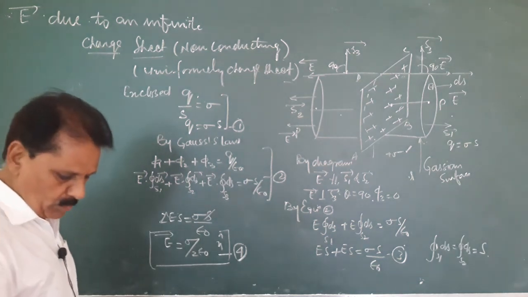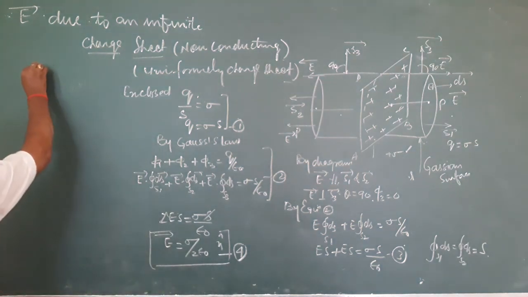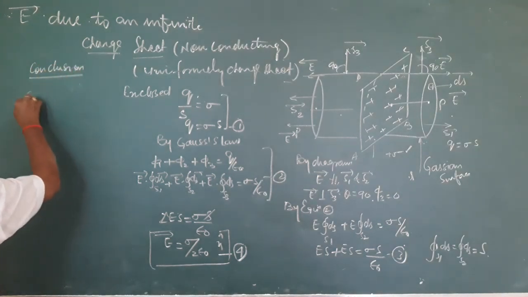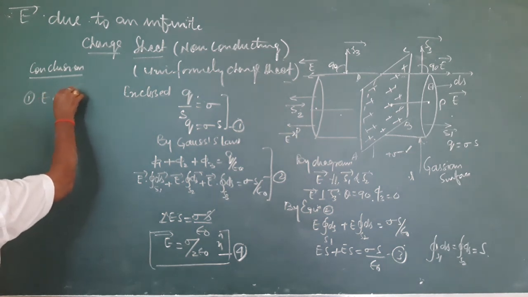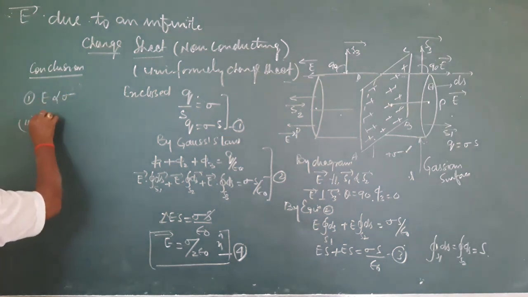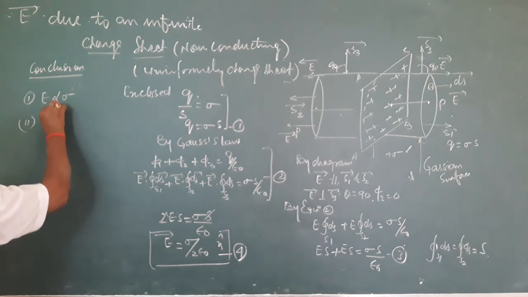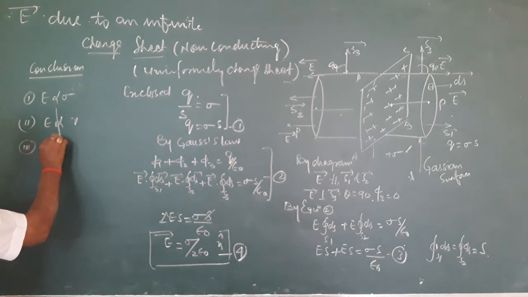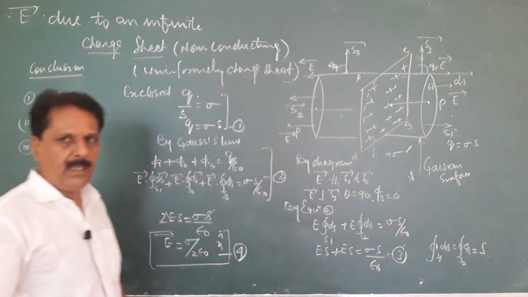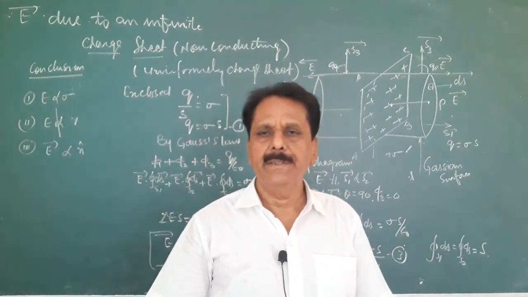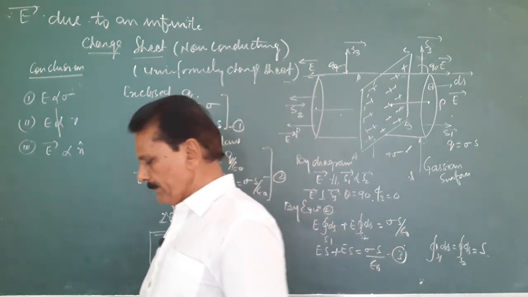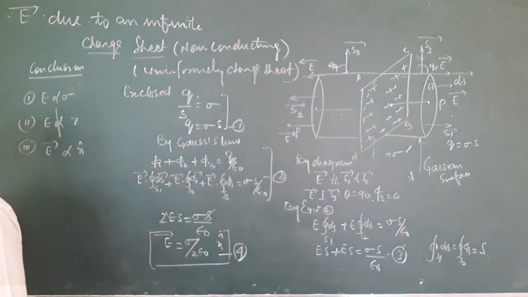Now, the conclusions. One, E is proportional to sigma. Second, E does not depend on R. Third, the direction of E is always along the line joining the point P and perpendicular to the surface of the sheet, and it never depends upon the distance of P from the surface of the charge sheet.